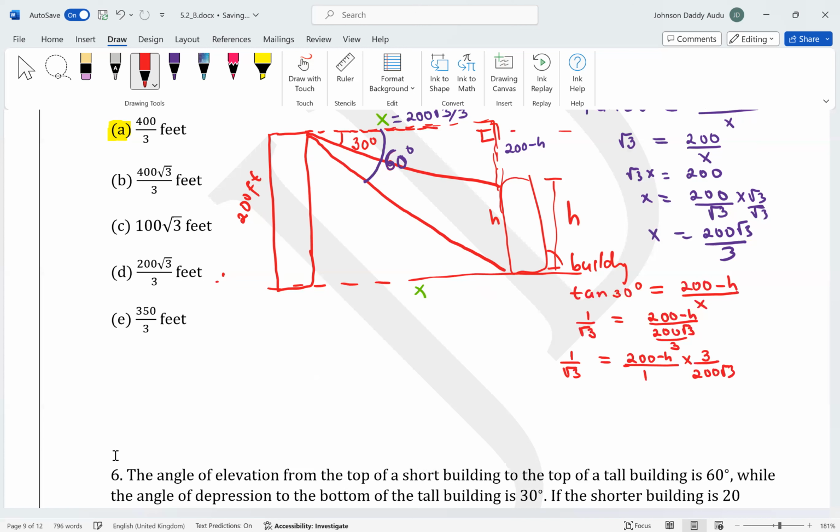Yes. So here, don't forget that we have a multiplication here. So we can easily cross multiply. So you'll have 200 root 3 divided by root 3, which is just going to be 200 minus H multiplied by 3.